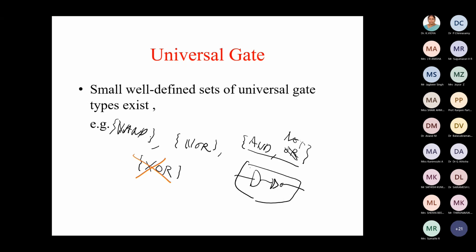Generally in hardware implementation, in our current technology of ICs, NAND is one of the most widely used. We have a large number of NAND gates in the ICs, and using those NAND gates, we construct classical Boolean logic or whatever computer program you run. Those are all converted into NAND gates, and then it is run.